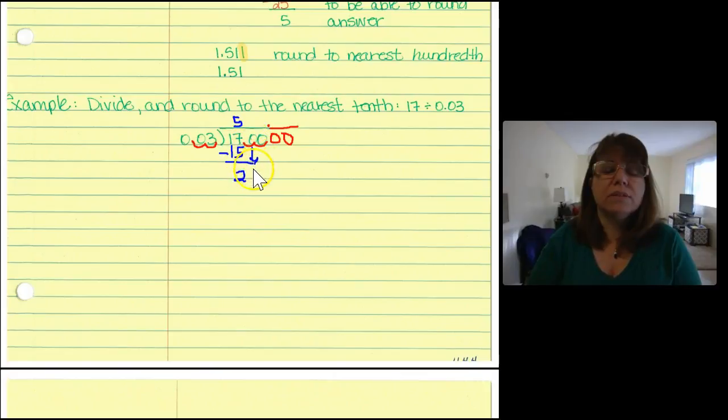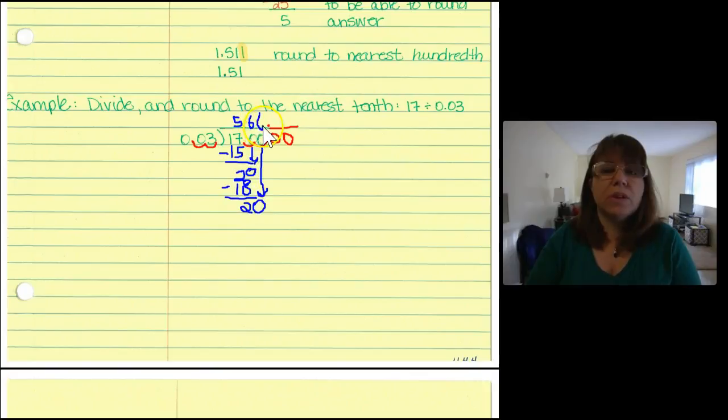Bring down the 0. 3 goes into 20 6 times. 3 times 6 is 18. 20 minus 18 is 2. Bring down the 0.